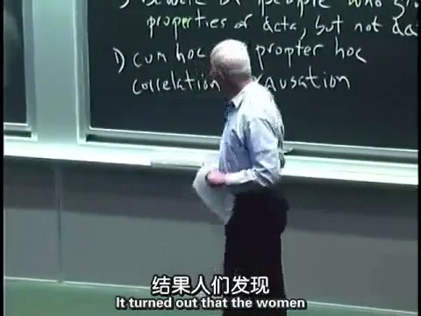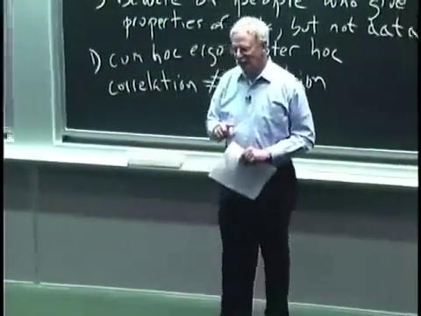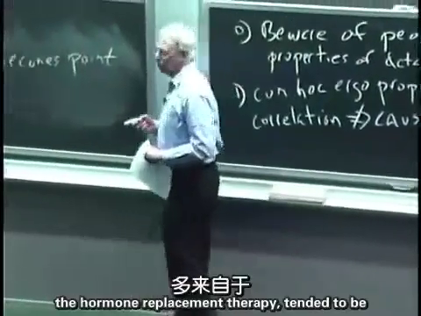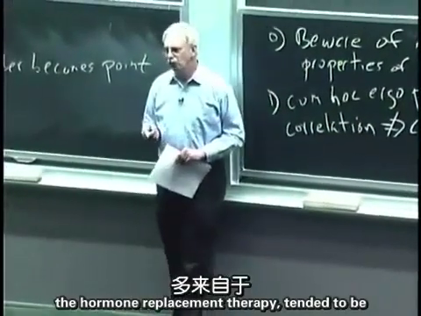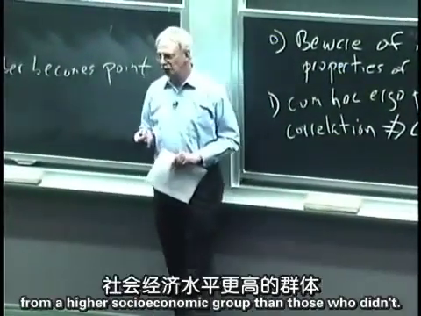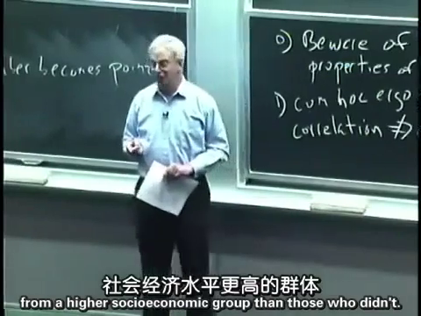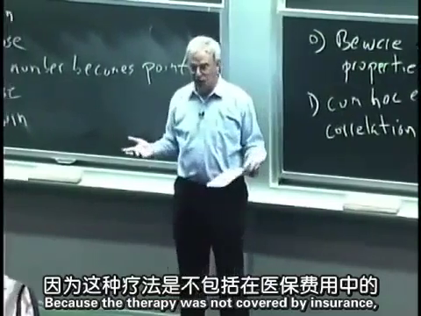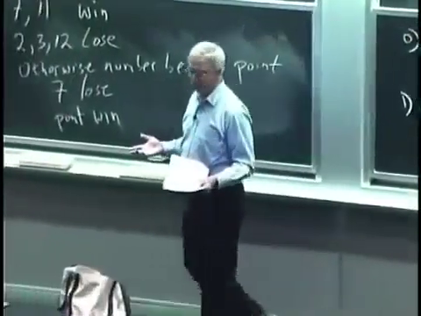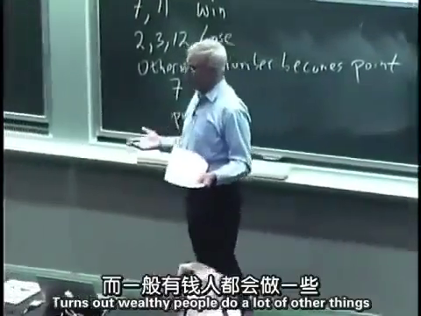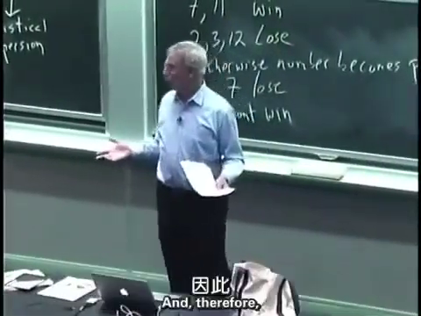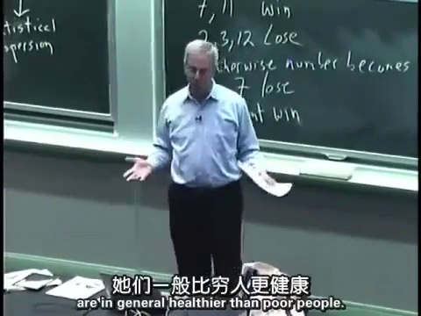It turned out that the women in the original study who were taking the hormone replacement therapy tended to be from a higher socioeconomic group than those who didn't, because the therapy was not covered by insurance, so the women who took it were wealthy. Turns out wealthy people do a lot of other things that are protective of their hearts, and therefore are in general healthier than poor people.